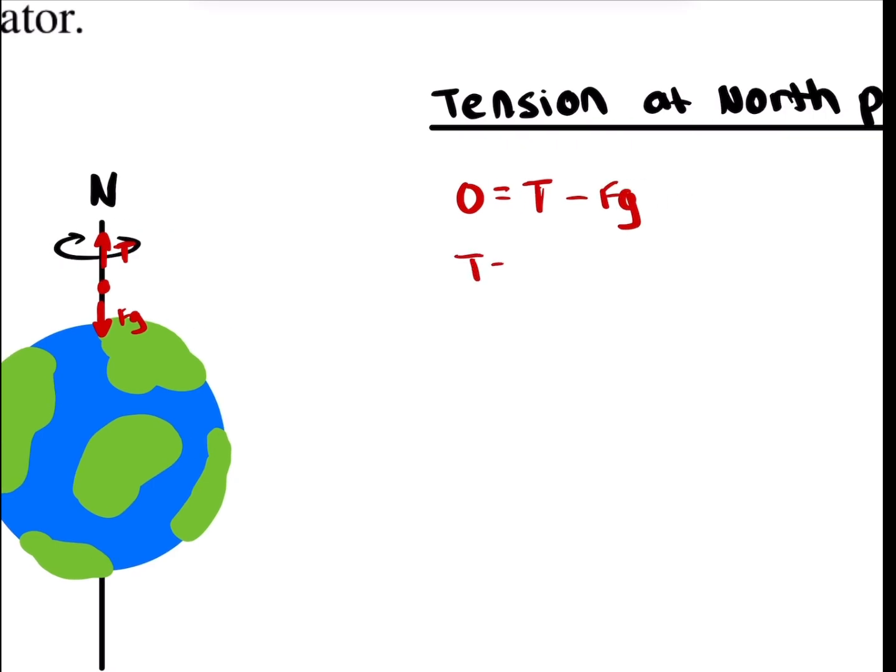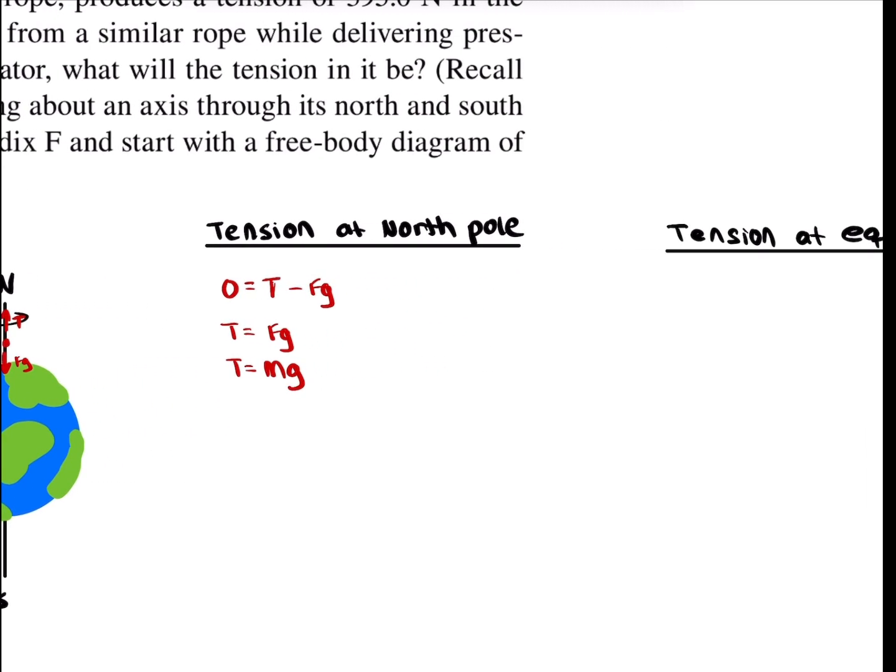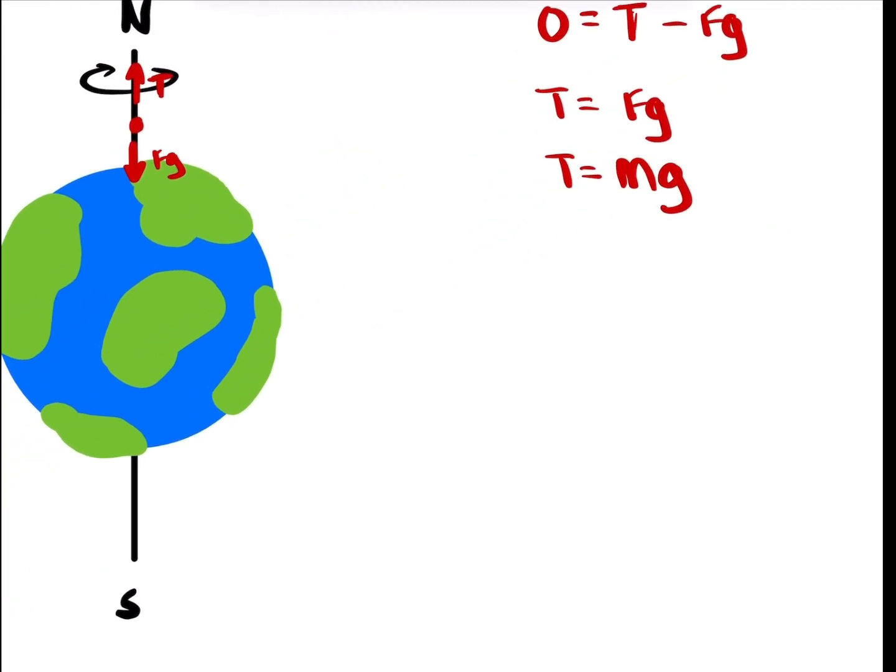And we're just going to say that tension equals Fg, which means tension equals the elf's mass times acceleration due to gravity.